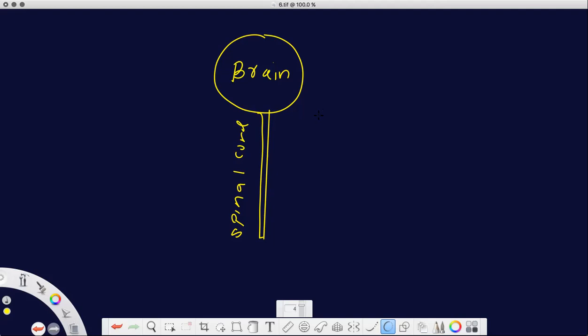As a result, the brain and spinal cord together are known as the central nervous system, abbreviated CNS.